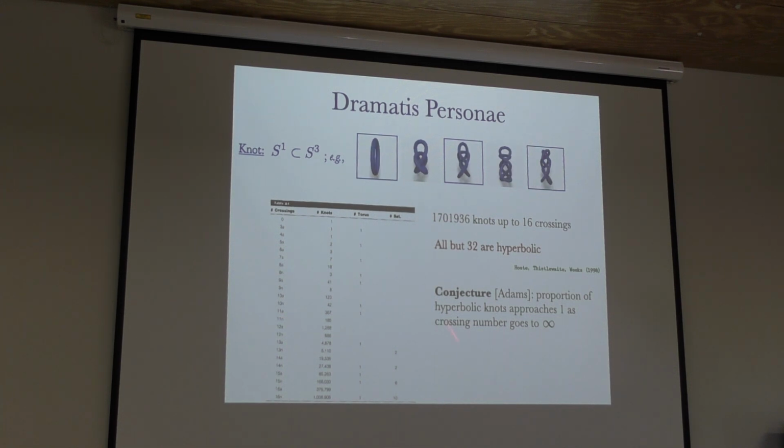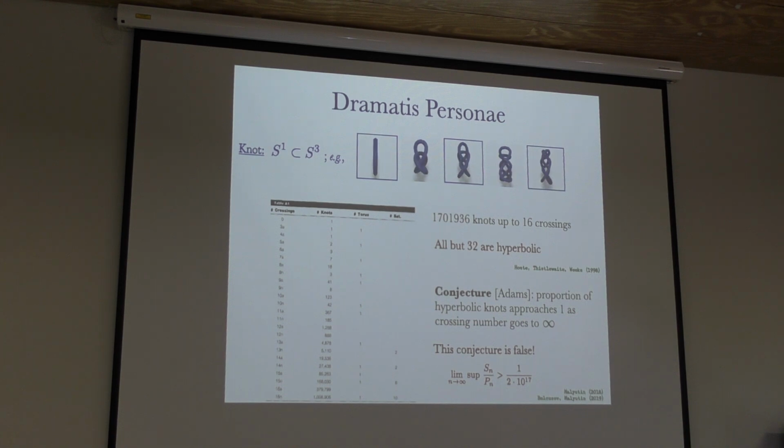So there's a conjecture due to Adams that says the proportion of hyperbolic knots approaches 1 as the crossing number approaches infinity. It turns out this conjecture is false. This was only realized a few years ago by Malyutin, that the ratio of satellite knots to prime knots is bigger than 1 over 2 times 10 to the 17 in the limit that the crossing number goes to infinity.